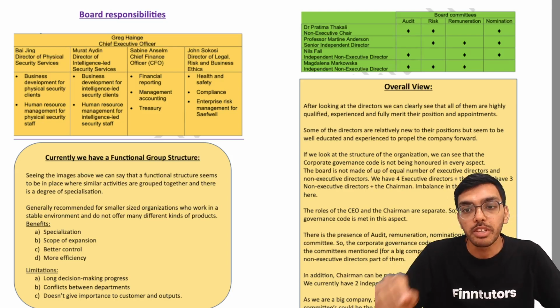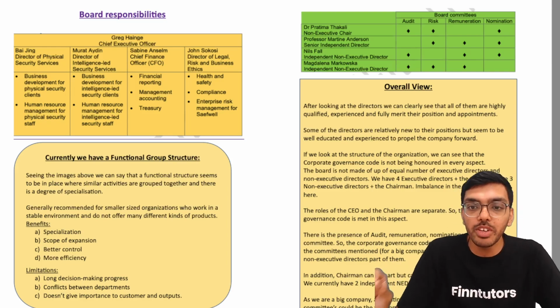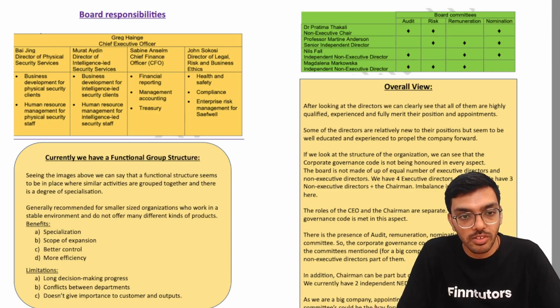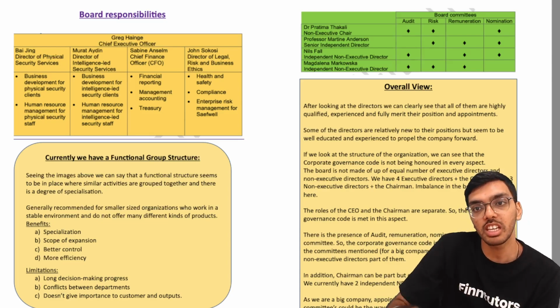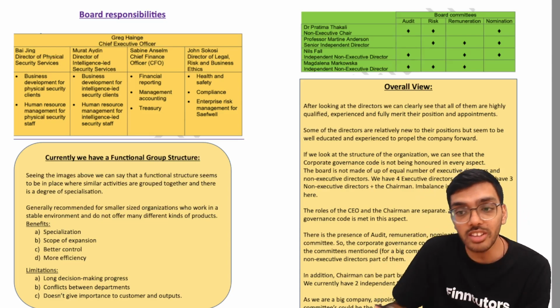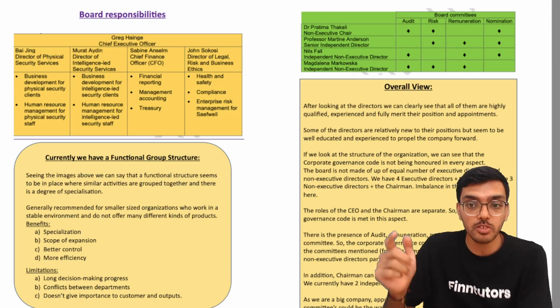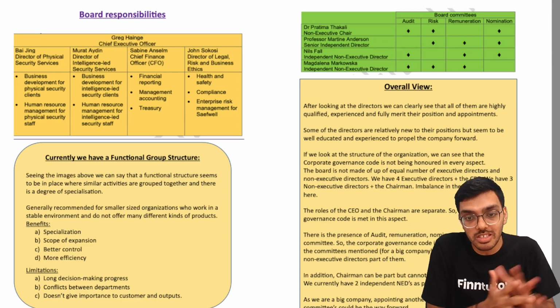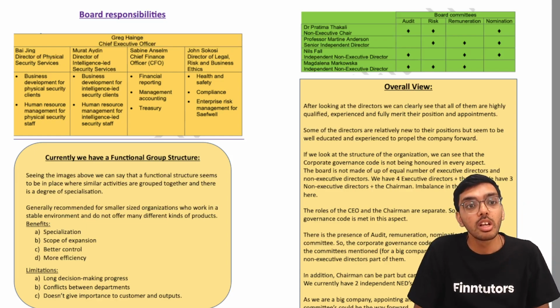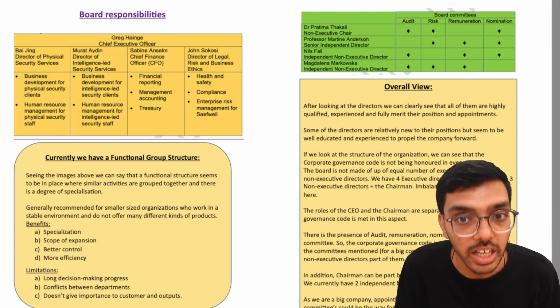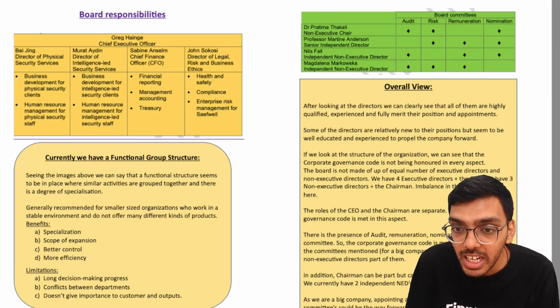Over here, we see that the board is not made up of equal numbers of executives versus NEDs. We have 4 executive directors plus the CEO, 3 non-executive directors plus the chairman. So there is an imbalance which is seen over here. So from the corporate governance perspective, 1 non-executive director needs to be added.